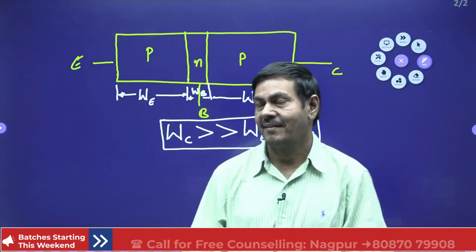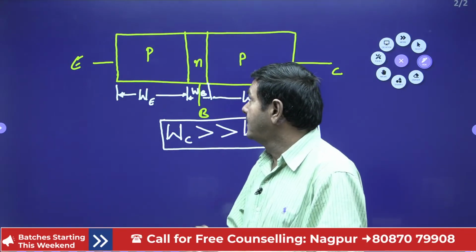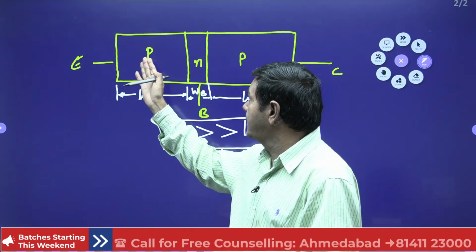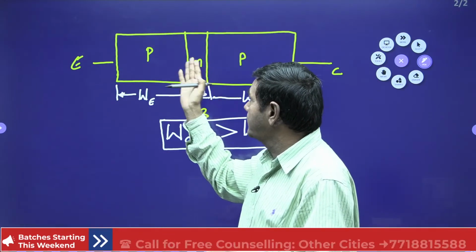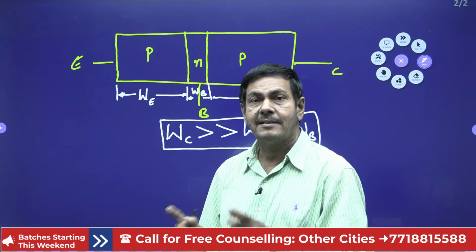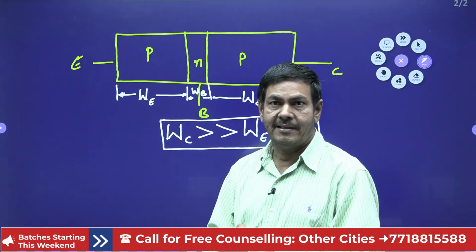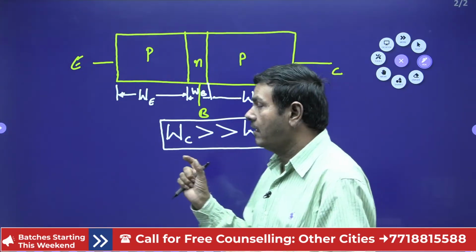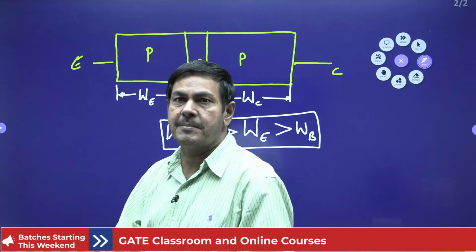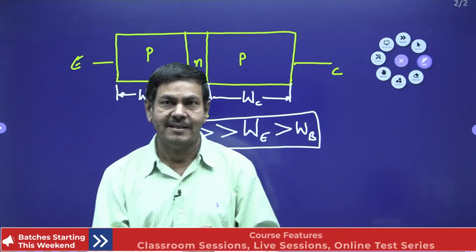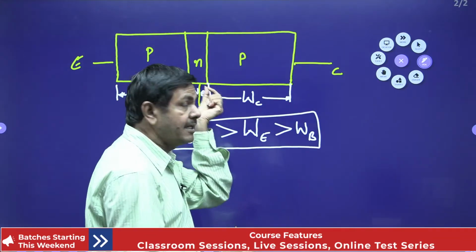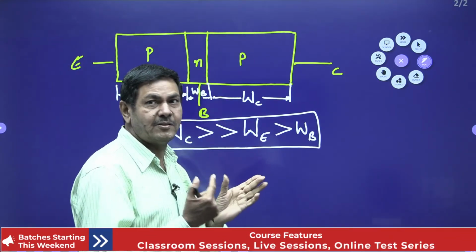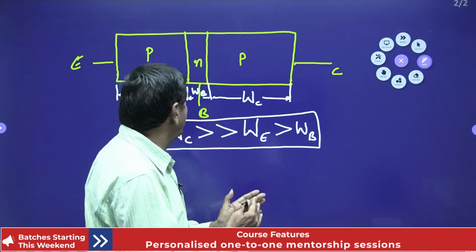Whenever the holes move from the p-type to the n-type, and the electrons from the n-type to the p-type, recombination is done, and that happens in the base. That recombination rate we have to reduce. We have to reduce the recombination.